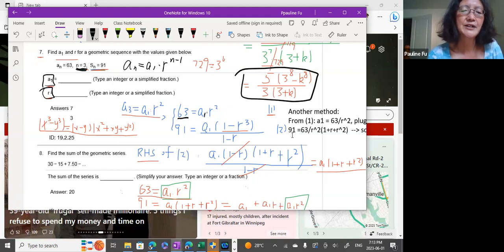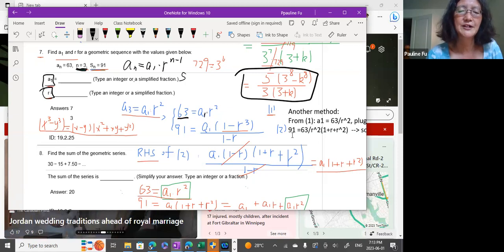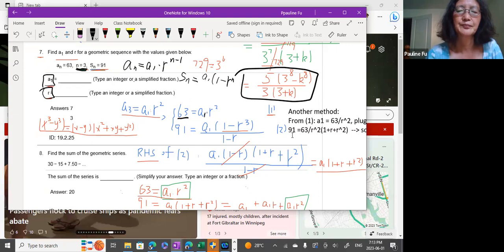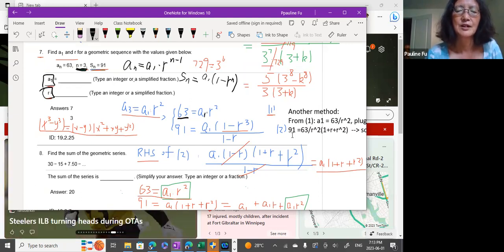Next, we do another equation based on the formula for Sn. Remember the formula for Sn for geometric sequence, Sn equal to A1 times 1 minus R raised to power N over 1 minus R. Okay.